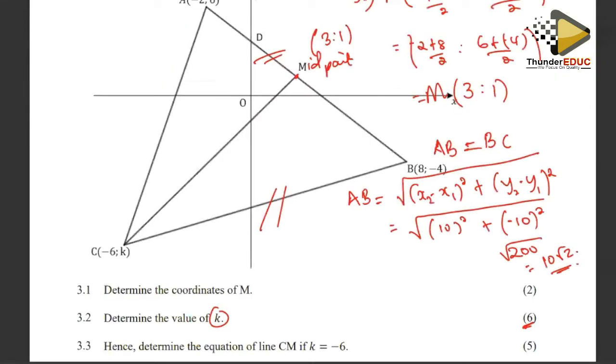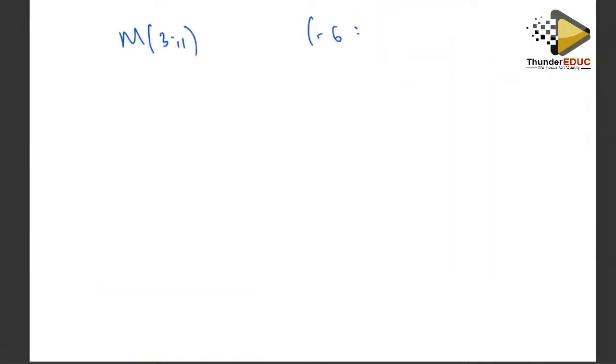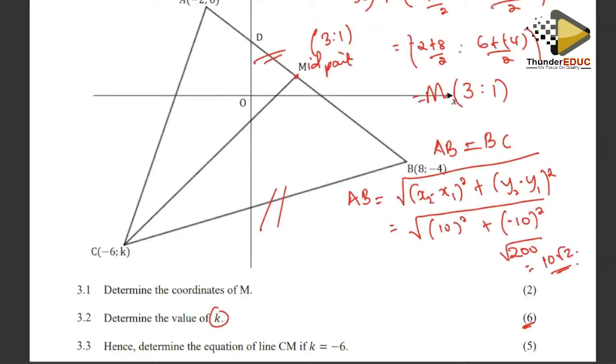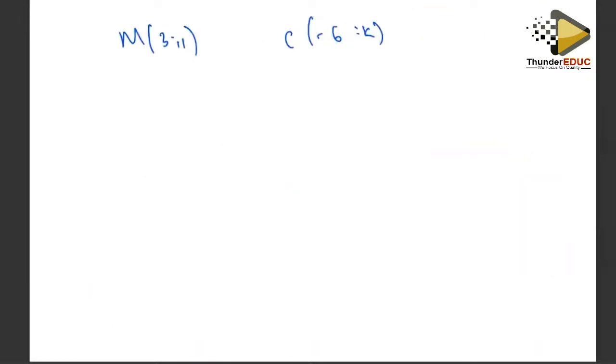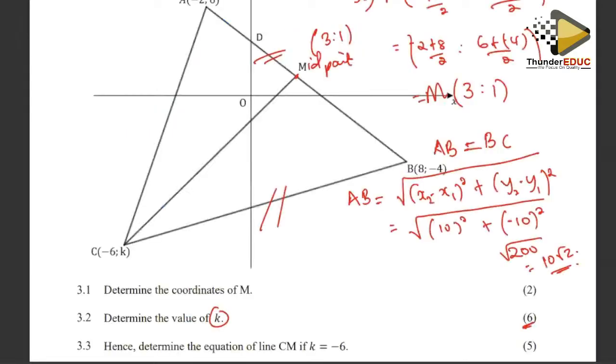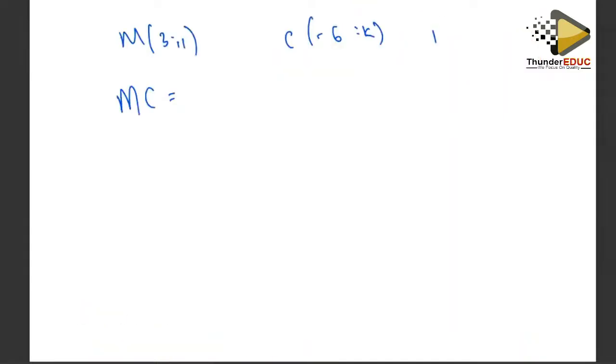We're saying that M is 3, 1, and then this point is -6, K. Is that a C? Perfect. So we're saying MC, but it's not MC. We're focusing on BC. What's our B? It's 8, -4.